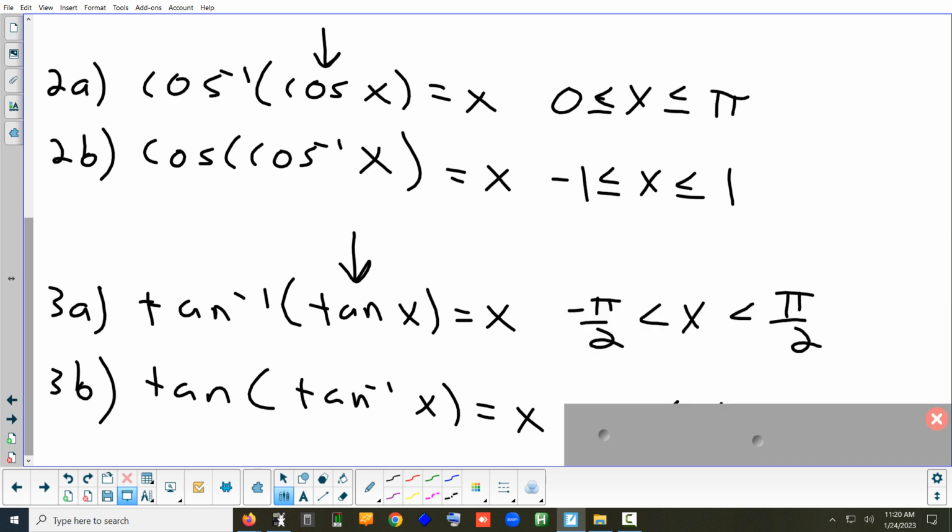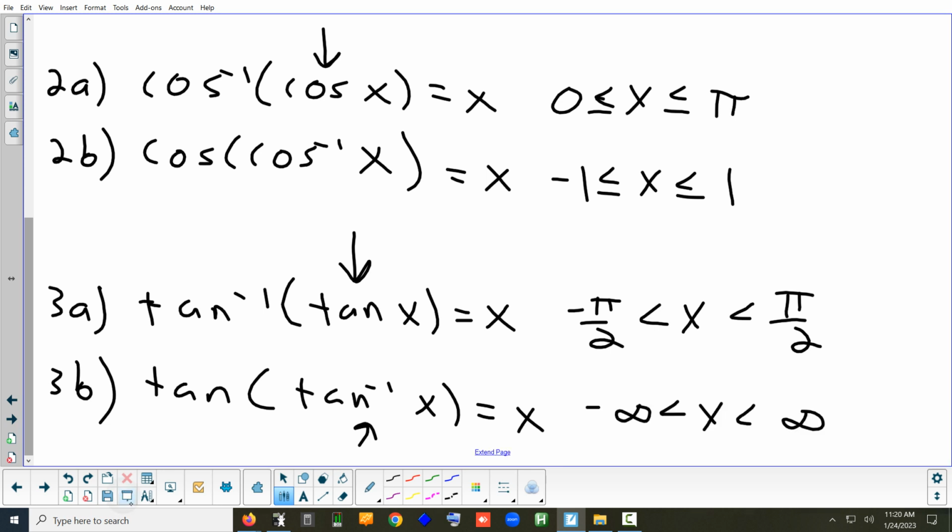Big difference. So -pi/2 to pi over 2. And tangent and inverse tangent will cancel each other out as long as, what's the domain of inverse tangent? All real numbers. So this formula, I'm just calling it formula 3b, that formula works all the time. There's no restriction on it.